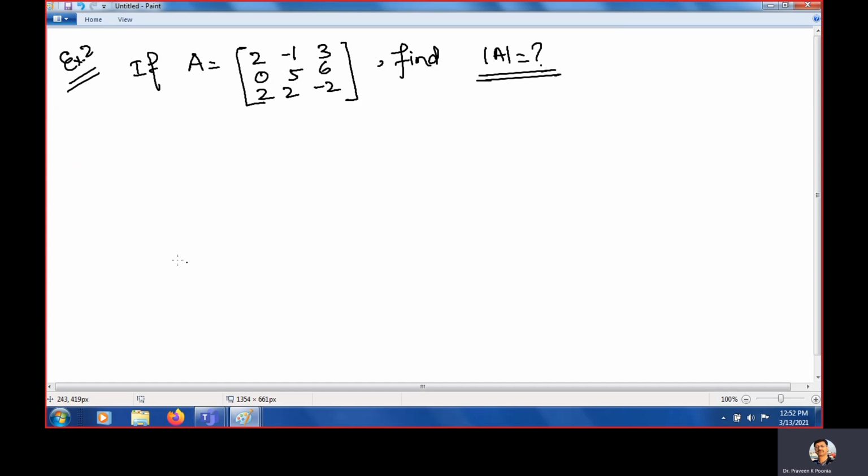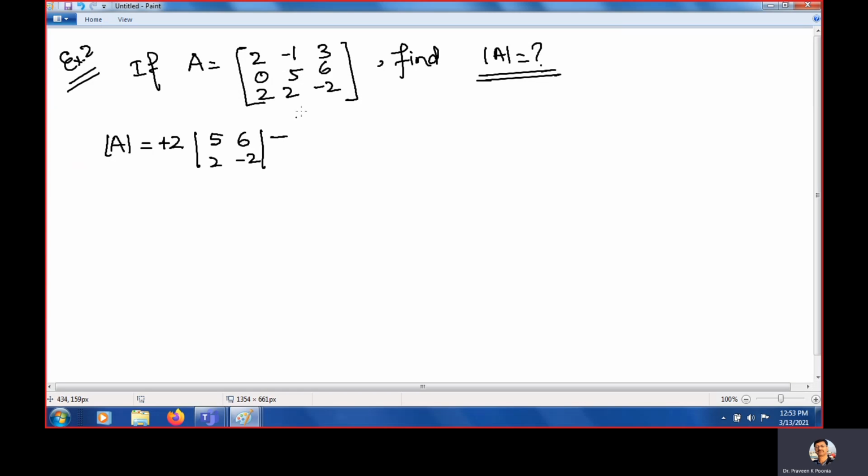So determinant of A equals, first we'll take 2 plus 2. And what will we get? 5, 6, 2, minus 2.